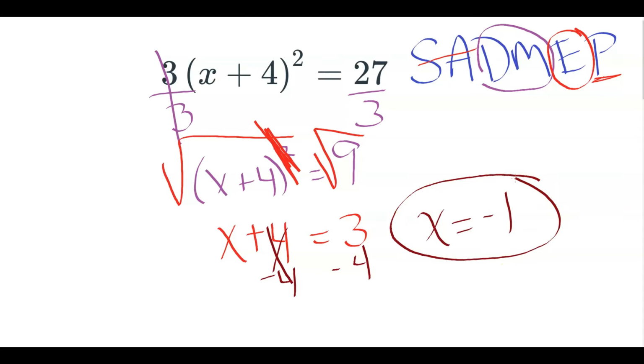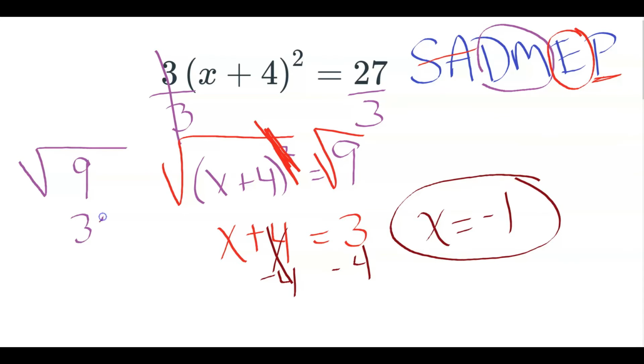Now you'll notice though when you're factoring and solving you get 2 answers. Well, the same thing if the equation has a square root, because now when I solved this I said the square root of 9 is 3, and that is true. But when you're dealing with square roots, it's important to understand that the square root of 9 is positive 3, but it's also negative 3.